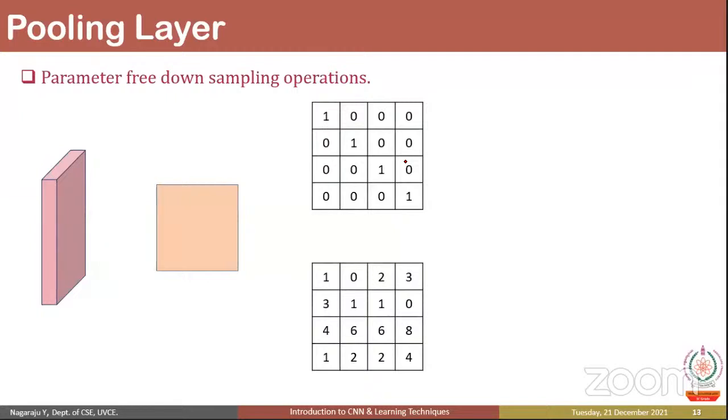It is not going to learn anything; it is a parameter-free operation, and it is not going to affect the depth of the image. But for sure, it is going to change the dimension of the input image, and it preserves the features that are very important for upcoming or higher-level layers.